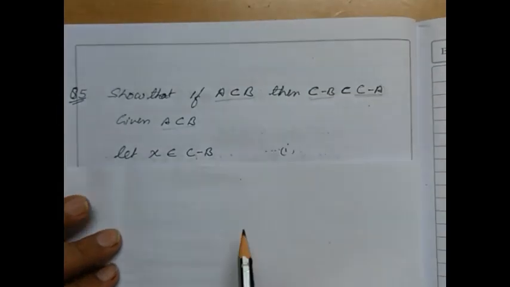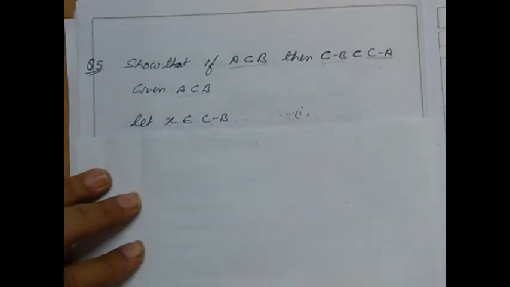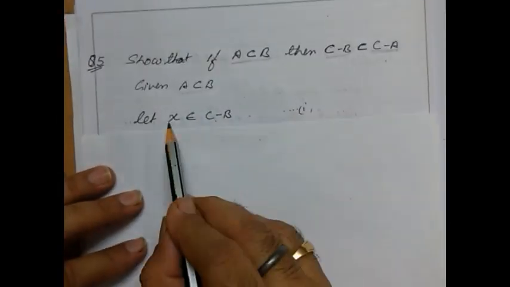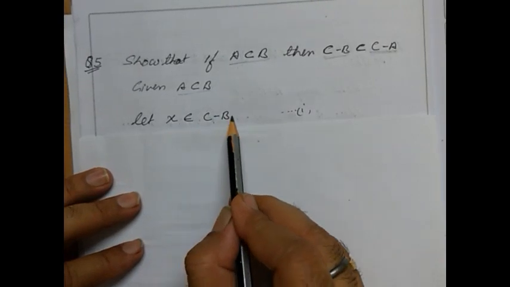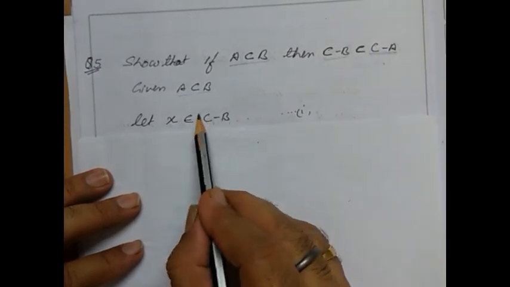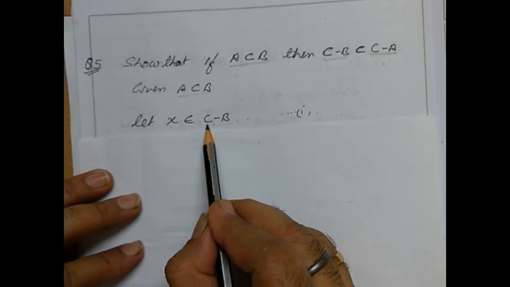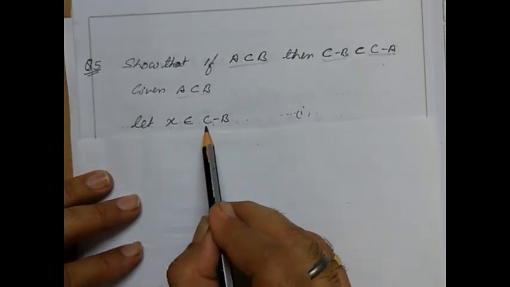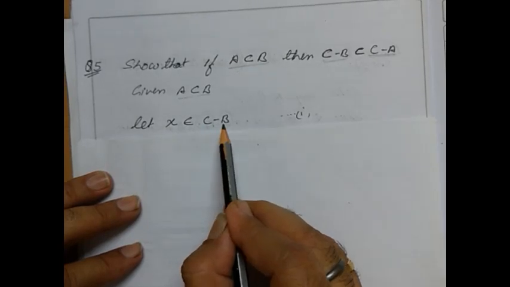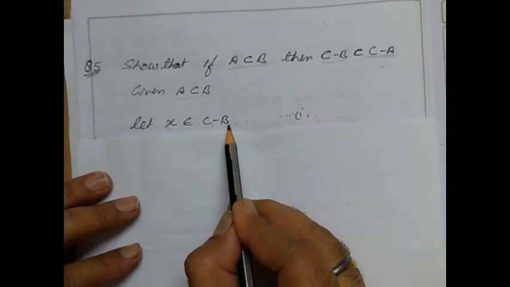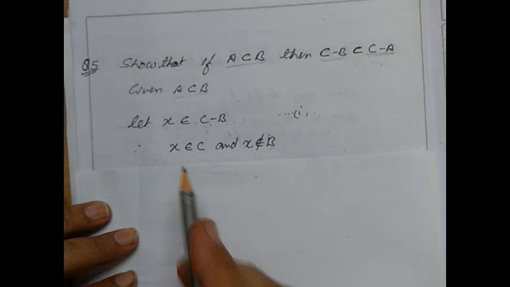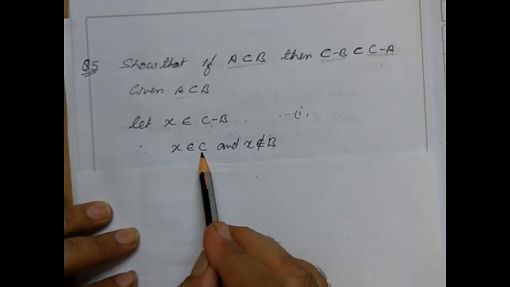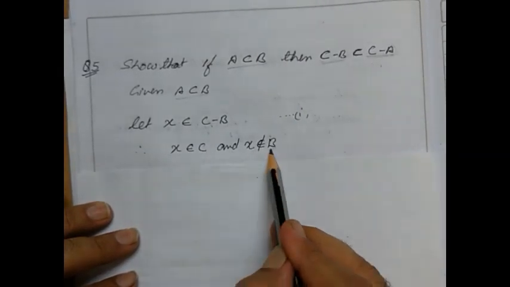So here we assume that x belongs to C minus B. So if x belongs to C minus B, this x will belong to the set of all those elements which are present in C but not in B. Clear? So here x belongs to C and x does not belong to B. Clear?